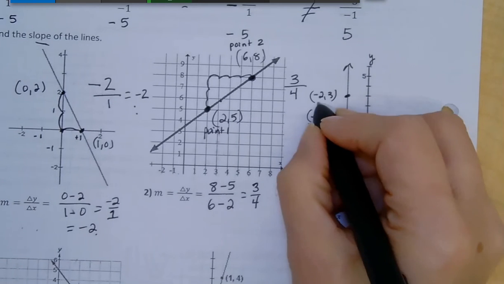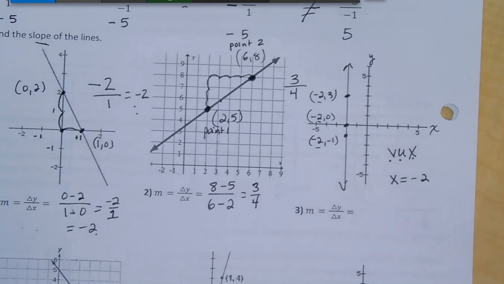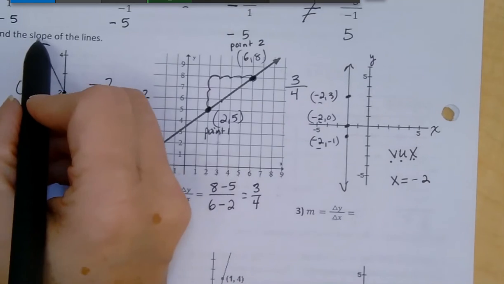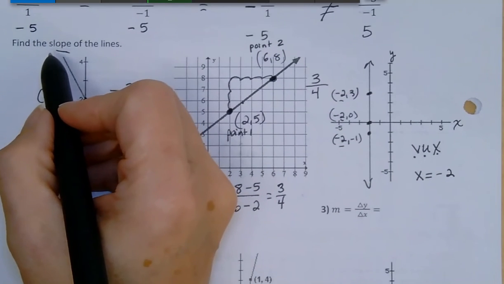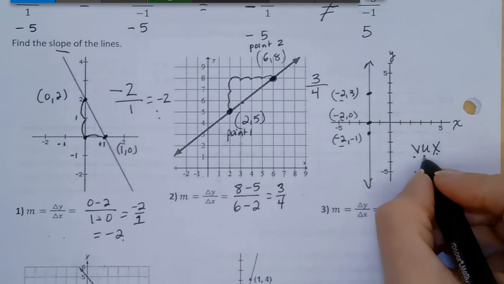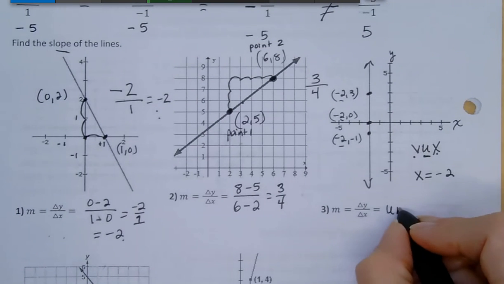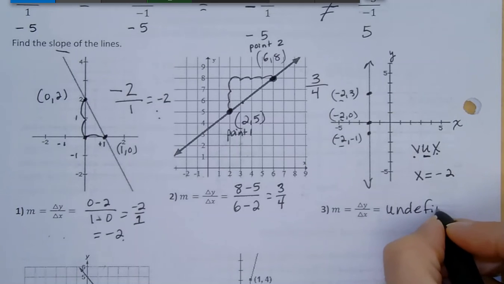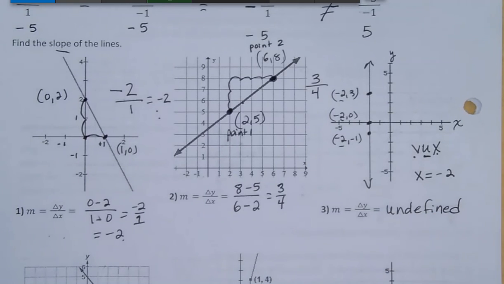You can see that every single x equals -2. So sorry, that was a sneak preview because I didn't need to find my equation of the line. I am just following the directions and finding the slopes of these lines. Looking at any vertical line, a vertical line has a slope that is undefined. So I would just write the word undefined.